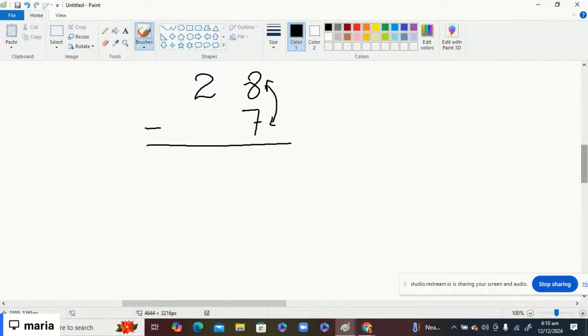First of all, draw 8 lines. 1, 2, 3, 4, 5, 6, 7, 8. How many lines do you remove? 7 lines. 1, 2, 3, 4, 5, 6, and 7. And how many lines are left? Only 1. So putting 1 here. Here is nothing, so you put the 2 as it is. And this is your answer.